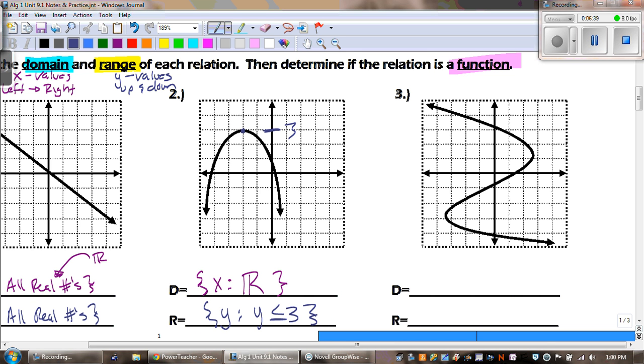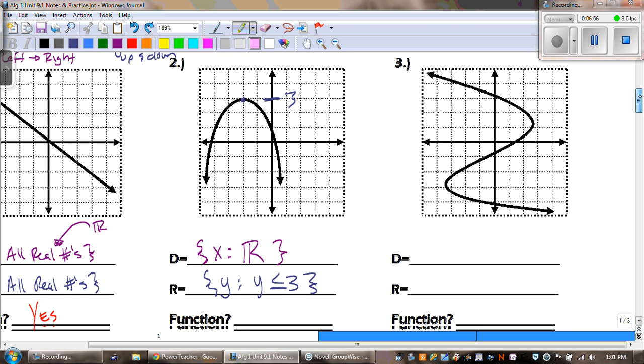And that's it. Now, is it a function? You tell me. Is there any point where you draw a vertical line, not a horizontal, where it touches twice? Everywhere you draw it, it'll only touch once, which means that this is a function.